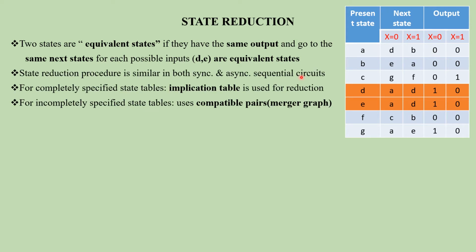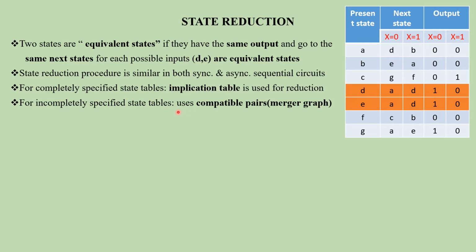Right. Next, the state reduction procedure is similar in both synchronous and asynchronous sequential circuits. For completely specified state tables, that is in synchronous circuits, the implication table is used for reduction. For incompletely specified state tables, that is the primitive flow table, we cannot use the implication table.